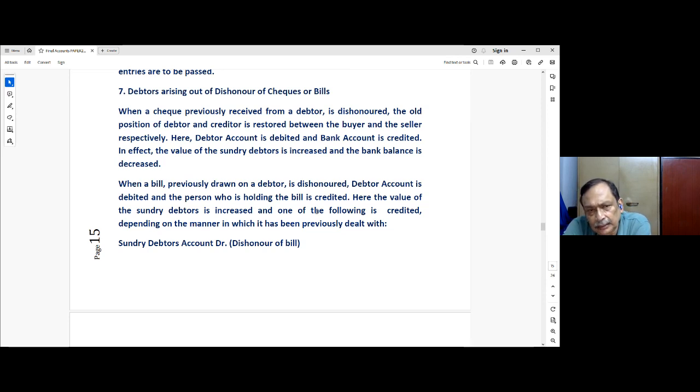When a bill previously drawn on a debtor is dishonored, debtor account is debited and the person who is holding the bill is credited. Here the value of the sundry debtors is increased and one of the following that I have mentioned will be credited depending on the manner in which it has been previously dealt with.